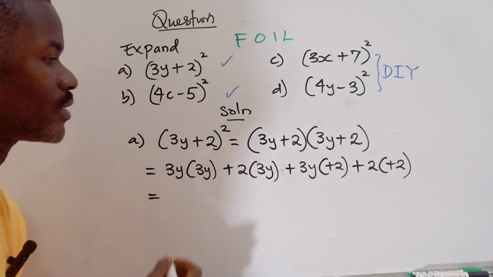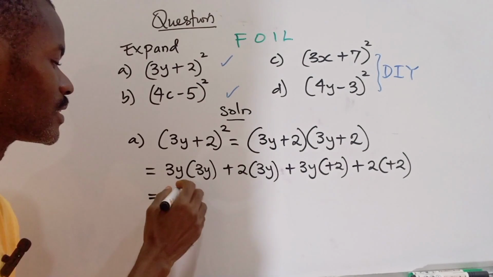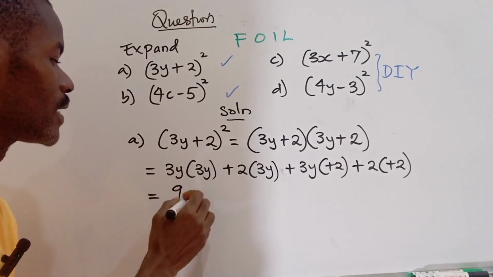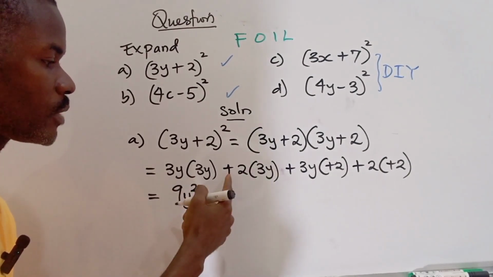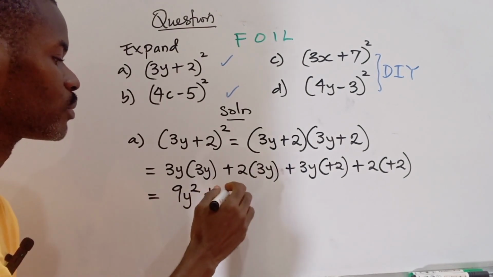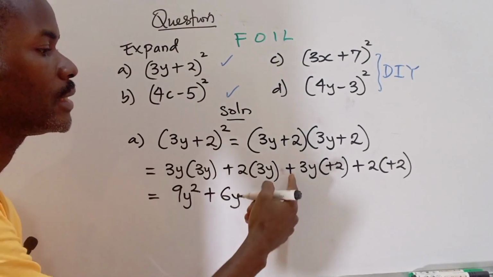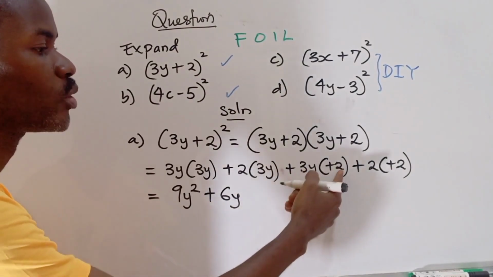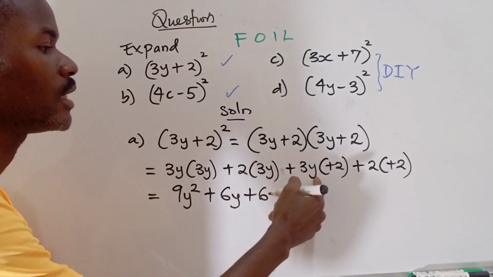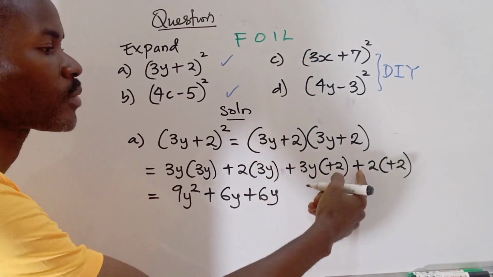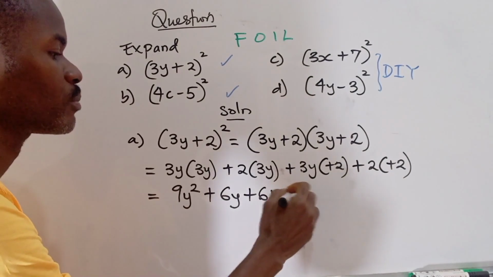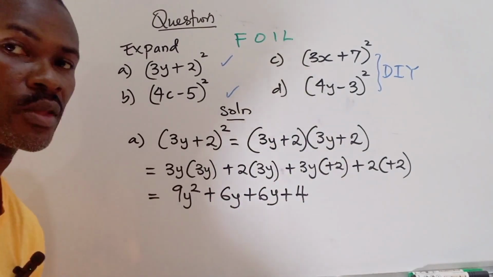Now with this, we can solve. 3 times 3 is 9, y times y is y squared. Plus 2 times 3y gives us plus 6y. Plus 3y times plus 2 is also plus 6y. Plus 2 times plus 2 is plus 4.